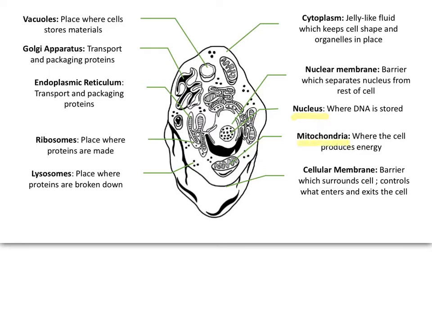Mitochondria, that's where the cell produces energy. The cytoplasm, that basically keeps the cell and everything inside the cell in its proper shape. And our cellular membrane, that's basically the barrier that surrounds the cell, and it controls what enters and what leaves. So the 4 organelles that I highlighted, those are the things that we need to keep in mind throughout the rest of the term.